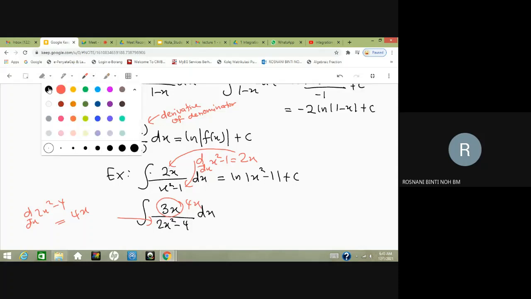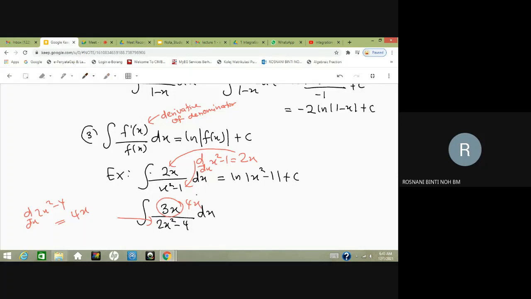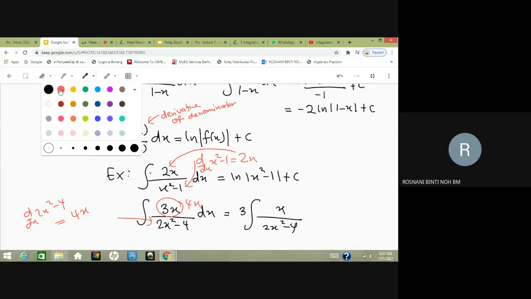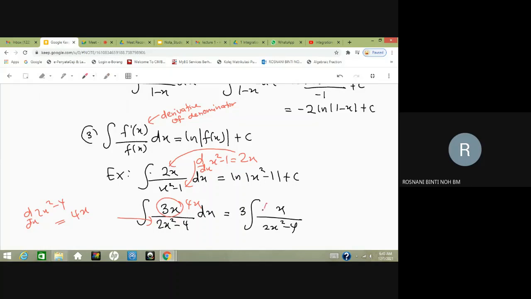What we can do is modify your numerator. How? Let's take out the 3. We want to have 4 here, so we can put 4. But remember to put another 4 for the denominator so that we don't change the equation. We just change the form; the original value is still the same.